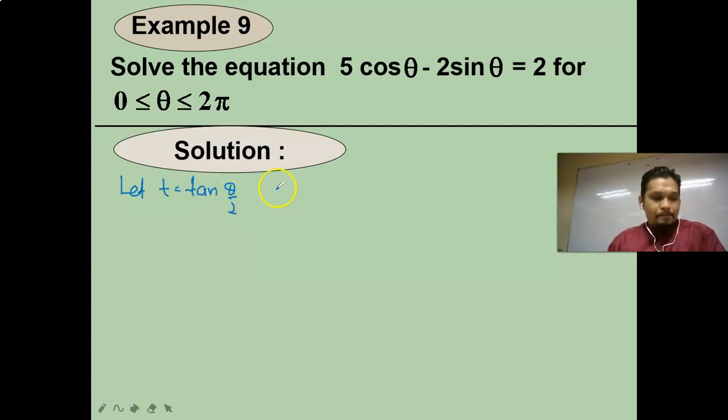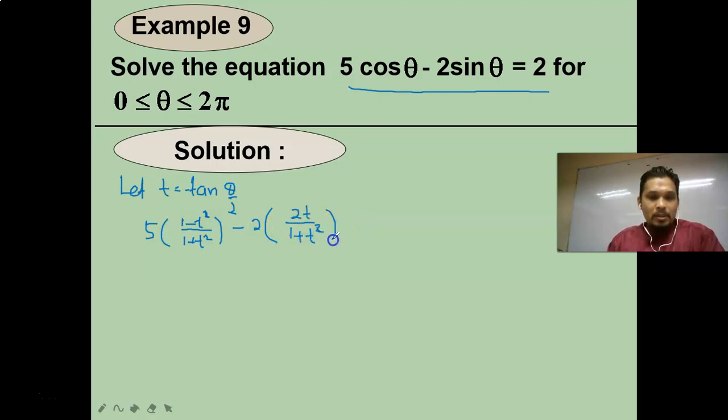From this equation we substitute with 5 cos theta, which is 1 minus t square over 1 plus t squared, from the triangle that we got in the previous page of the notes, minus 2 sine theta, which is 2t divided by 1 plus t squared, equal to 2.